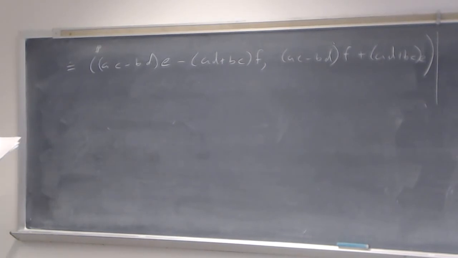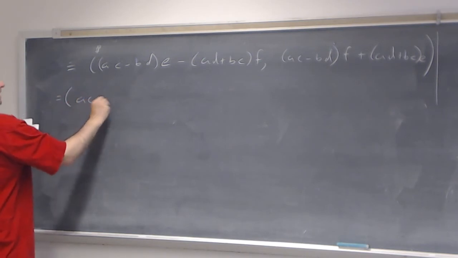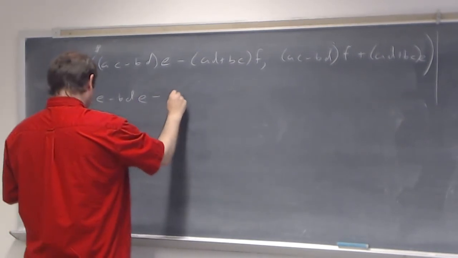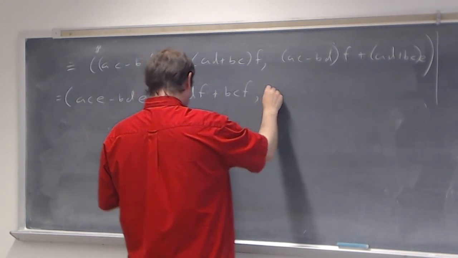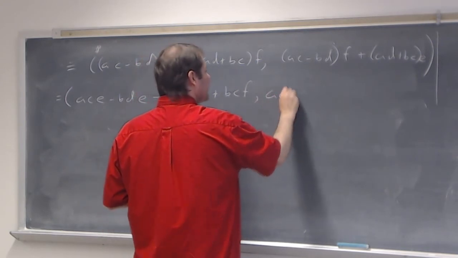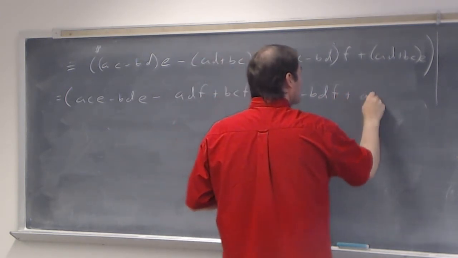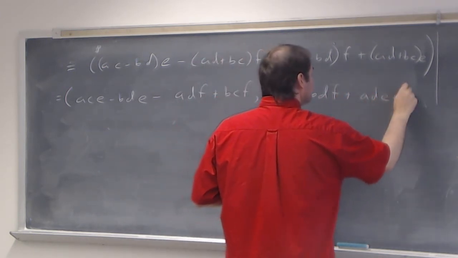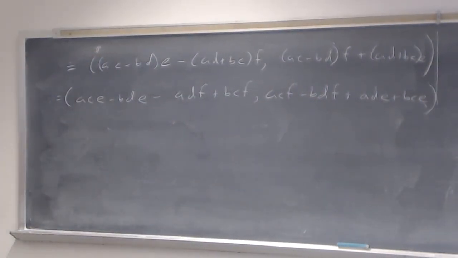That's what it is. Then if we multiply this out, we get ace minus bde minus adf plus bcf, and then we're going to have acf minus bdf plus ade plus bce. Okay. So that's what we have.